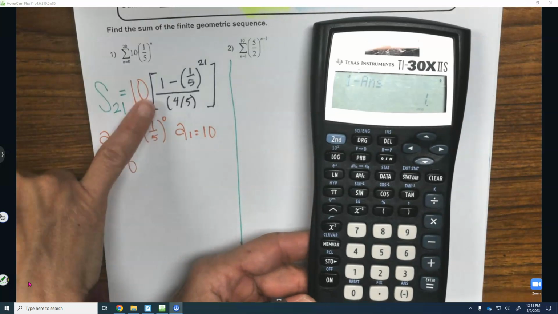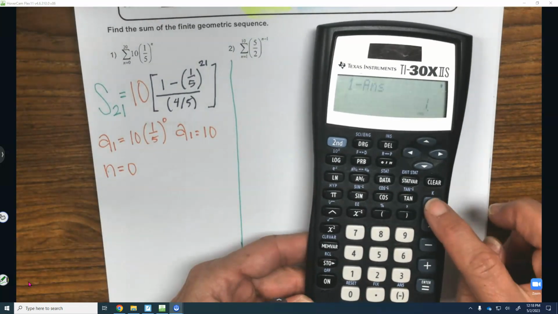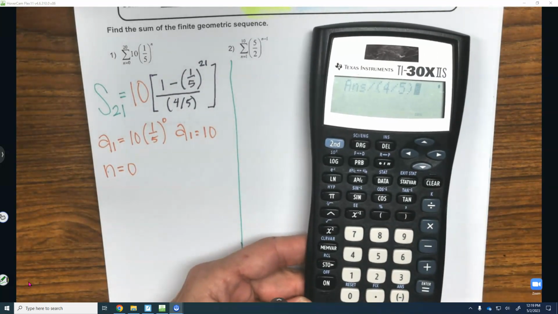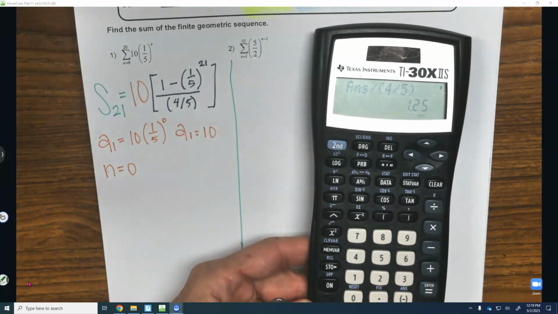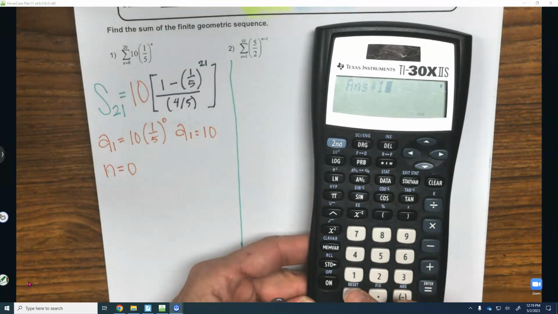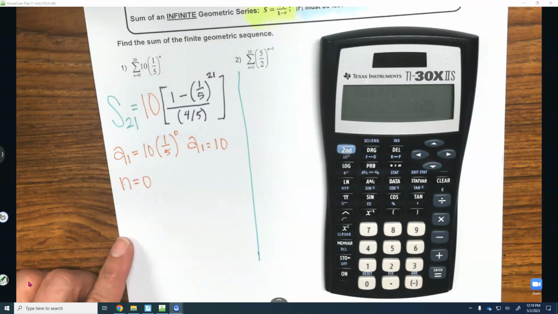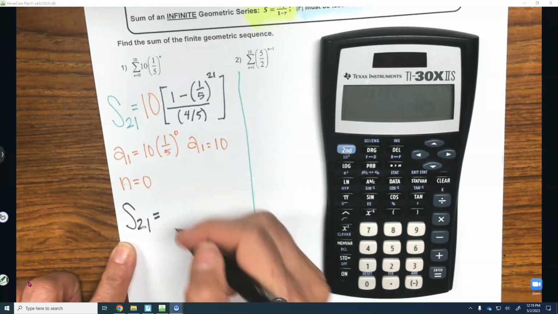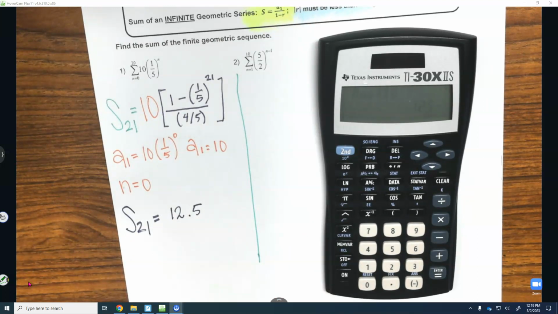All right, now we're going to hit divide and put 4 divided by 5 in parentheses and hit enter. Now remember, that's just the stuff in brackets. We still have to multiply by 10. So if we added up all the numbers in the sequence, all of those 21 numbers, they would add up to 12.5. So that's going to be the answer for number 1.